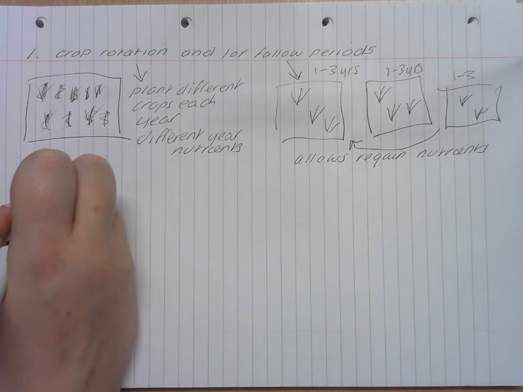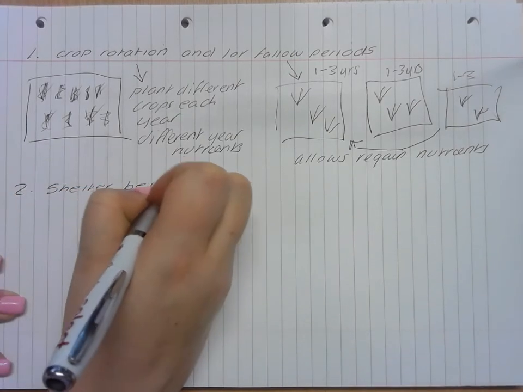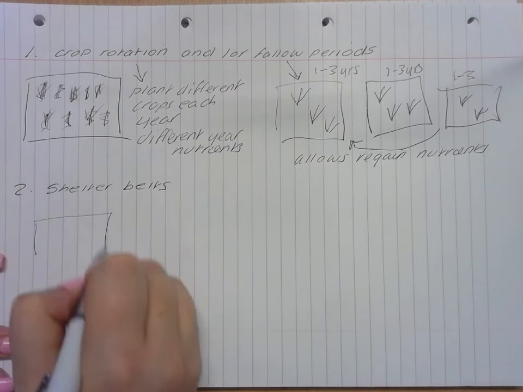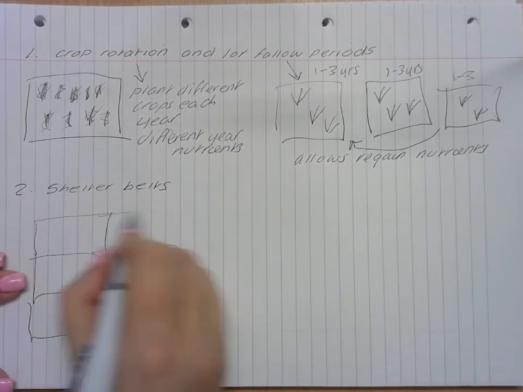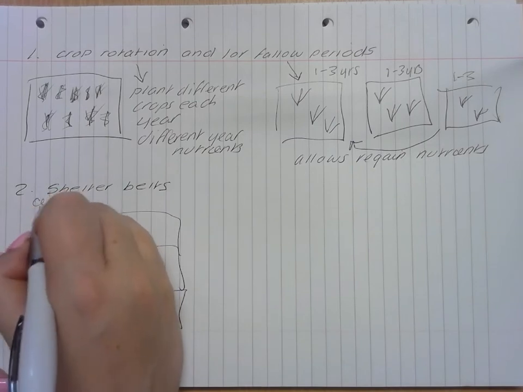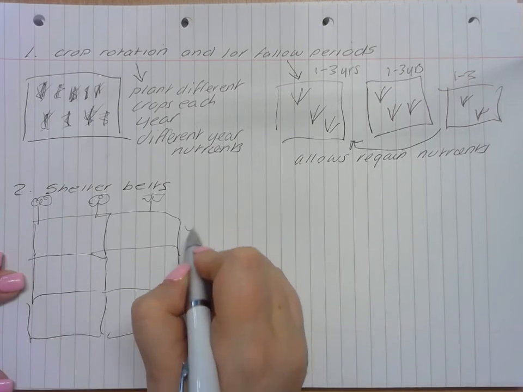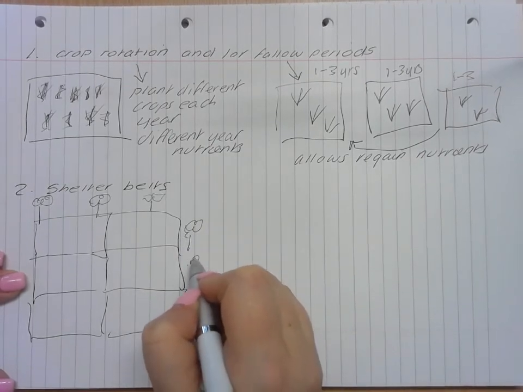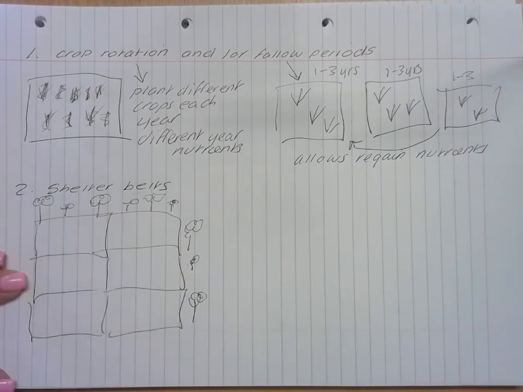A second option is something called shelter belts. If you don't call them shelter belts in the exam, you just explain them, that's completely fine. But what you do here is, here's your farm, loving these diagrams, here's your farm. What you do is you purposely plant some of those savanna trees and bushes, little bush here, little bush here, around your farm.